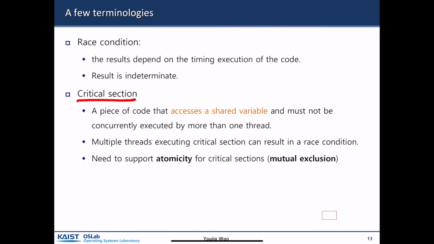A critical section is a piece of code that accesses a shared variable, and the critical section must not be concurrently executed by more than one thread. So only one thread should be allowed to execute the code in the critical section. If multiple threads execute the critical section, then it can result in a race condition. So we need to support atomicity for a critical section, and it is called mutual exclusion.